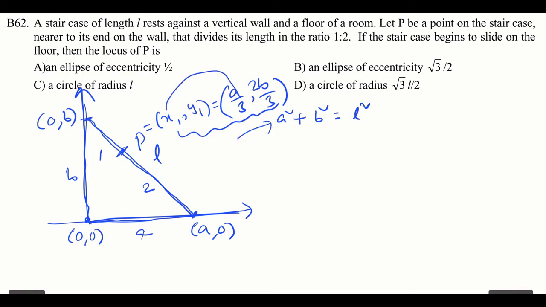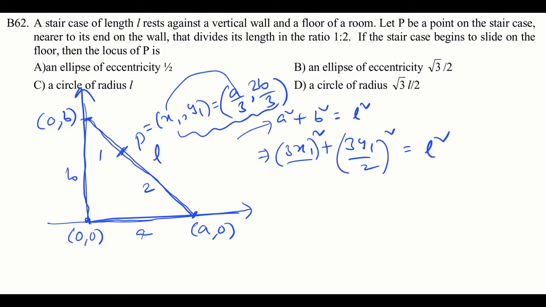I substitute those values in this relation. I'll get a square, that is 3x1 whole square, plus b square, b is nothing but 3y1 by 2, whole square is equal to L square. There you have the locus.